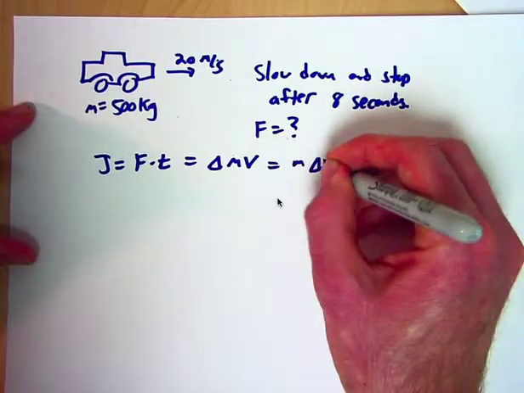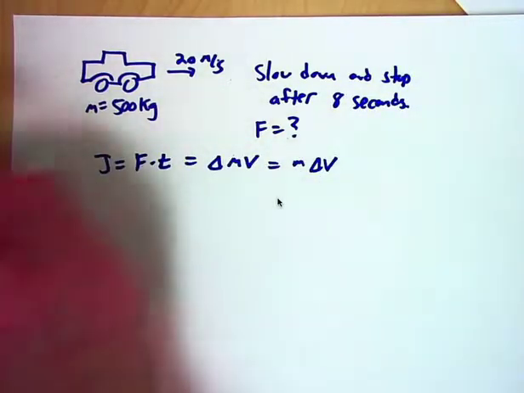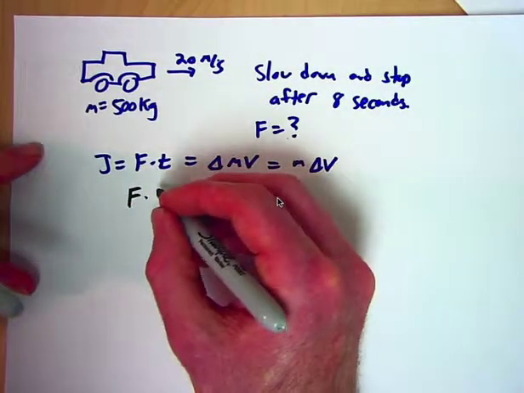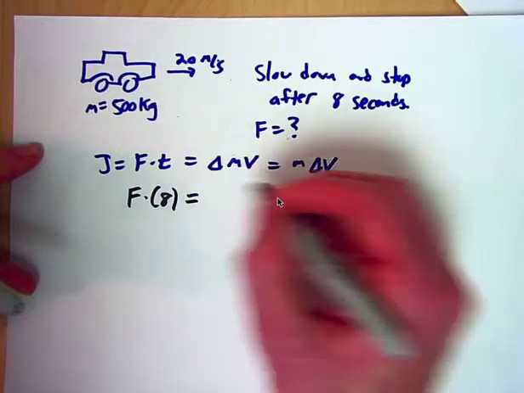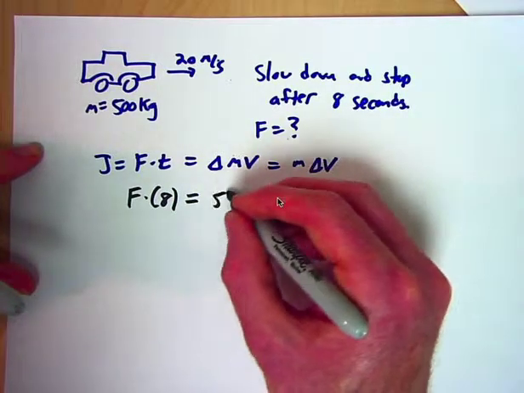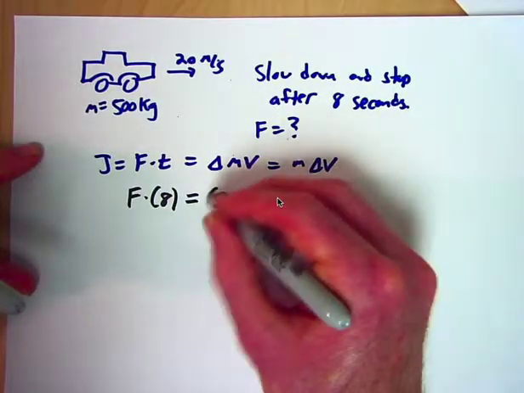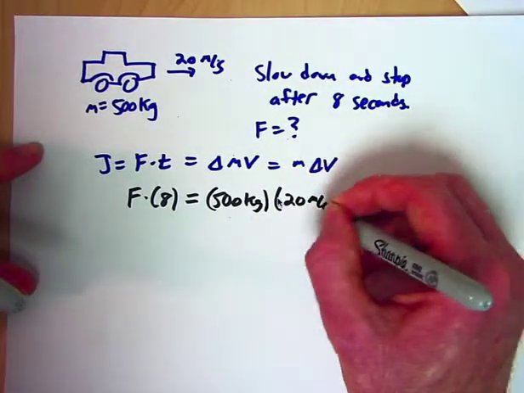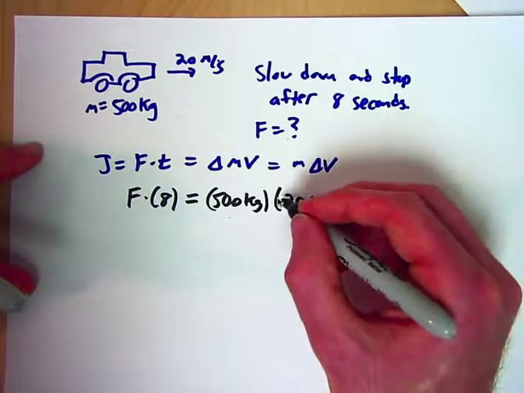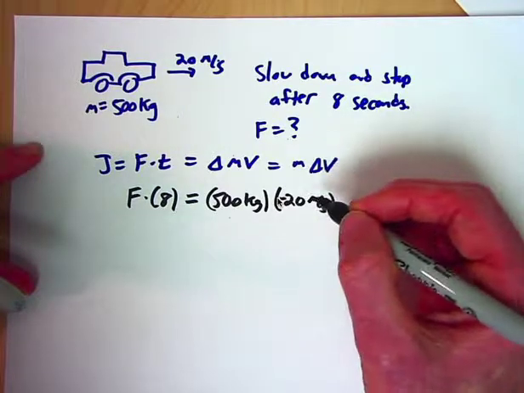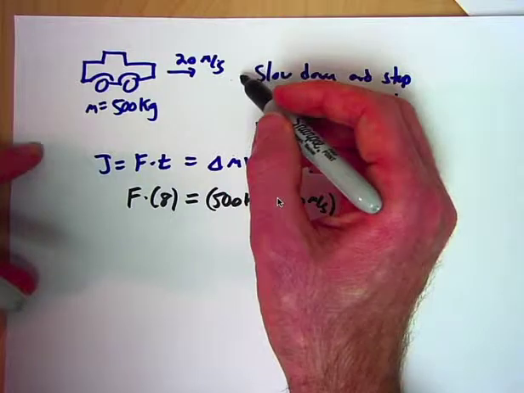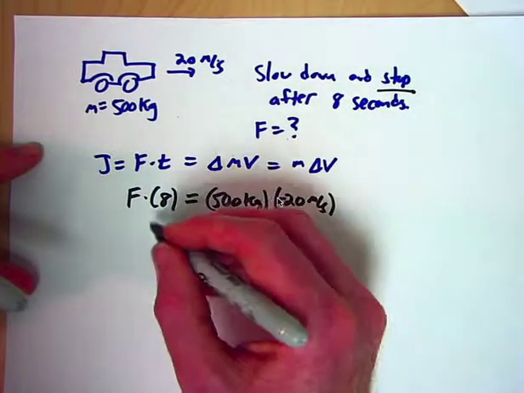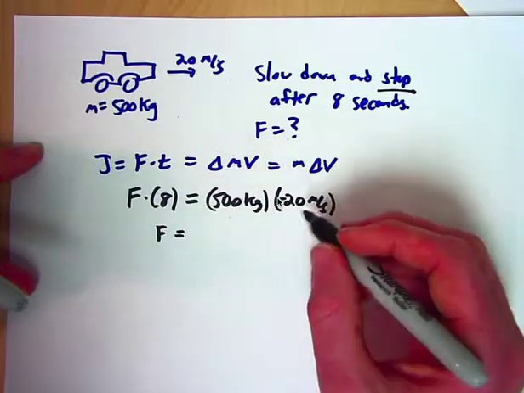Force, times the time, 8 seconds, is mass, 500 kilograms, times the change of velocity, 20 meters per second. I guess technically the change in velocity should be negative 20 meters per second, since it started at positive 20 and ended up at 0. So it stopped at 0.